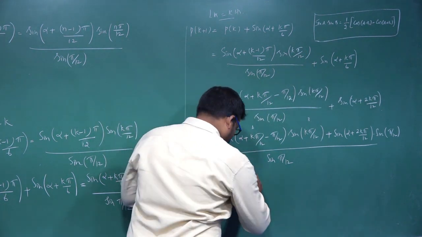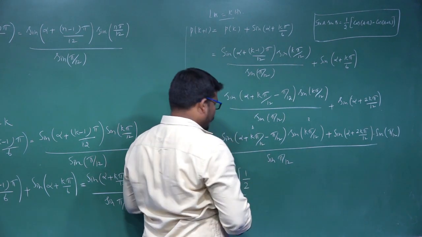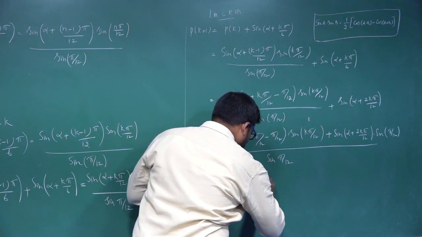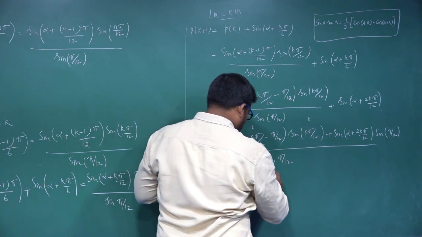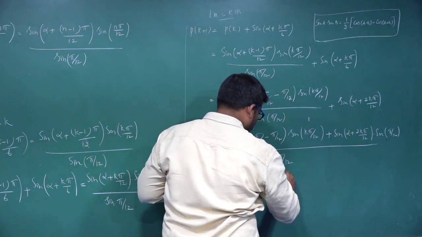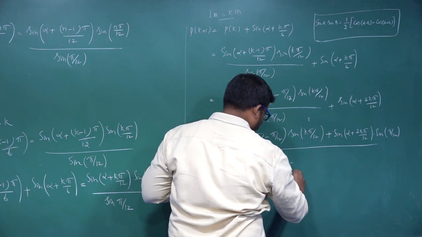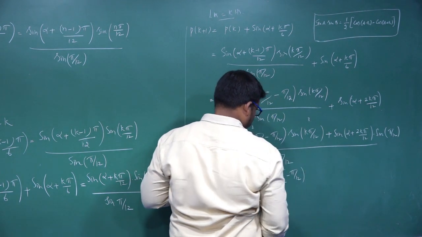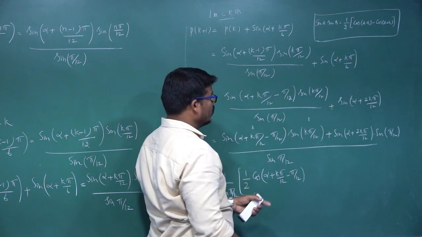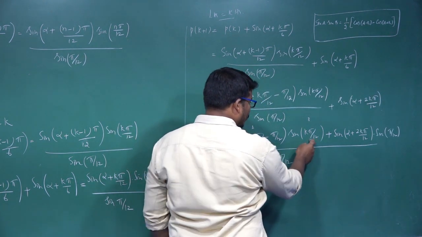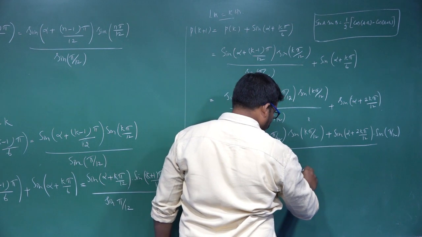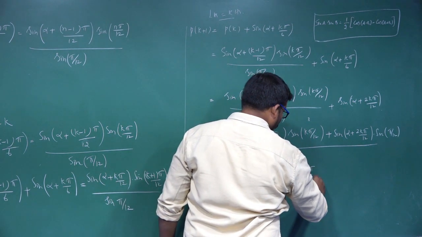Now write 1 by 2 cos of A minus B, where A is alpha plus k pi by 12 minus pi by 12, and B is k pi by 12, so minus k pi by 12.